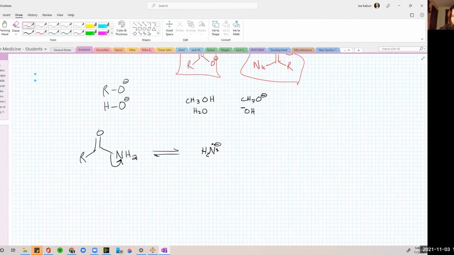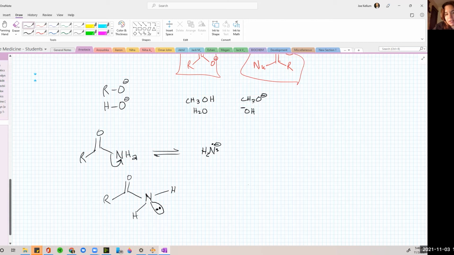So what would be some resonance structures for this amide? Obviously the primary one is the one we've been drawing. I'm going to make the H's stick out now, and I'm drawing a lone pair of electrons here. So what would be another resonance structure for this molecule?